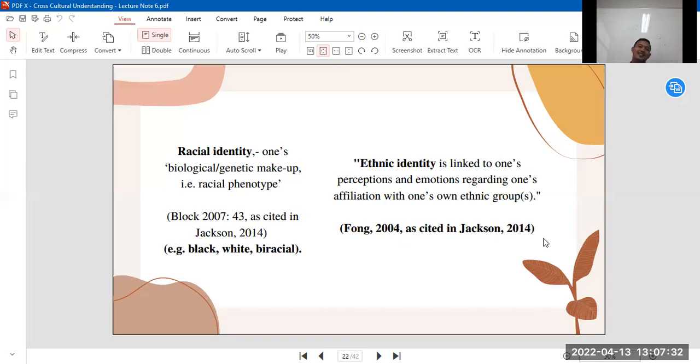Similar to race, the terms ethnic and ethnicity are contested as they can be used to categorize and marginalize people, let's say, differentiate from the majority.